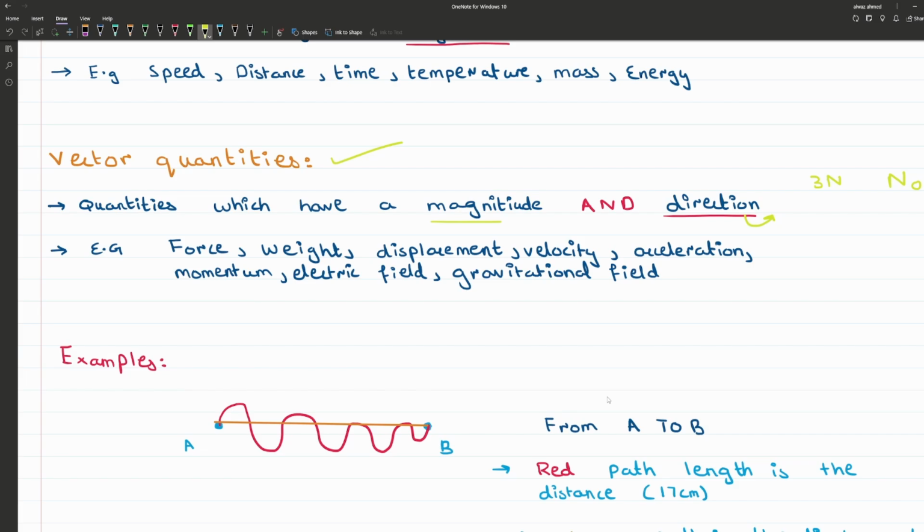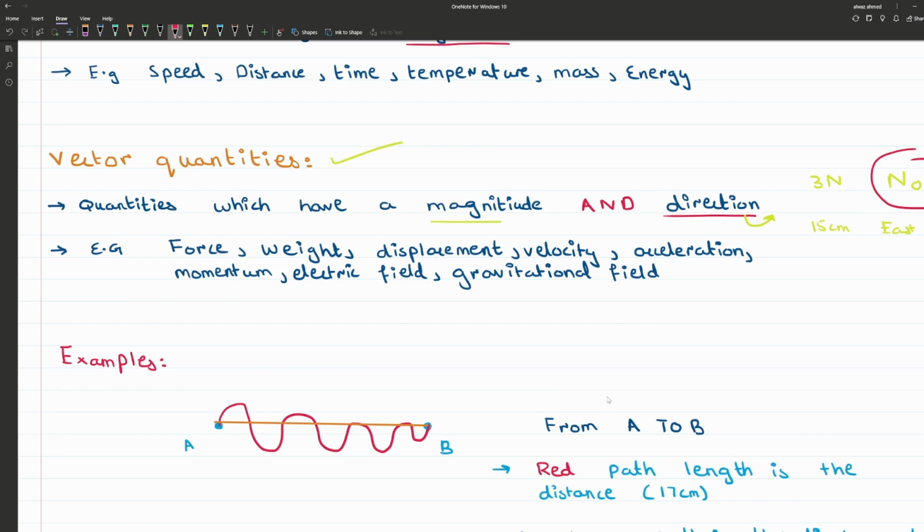Or if we talk about displacement, we can say that an object is displaced 15 centimeters, but we also tell that this object has been displaced towards the east or west or any other side. This direction makes this quantity a vector.